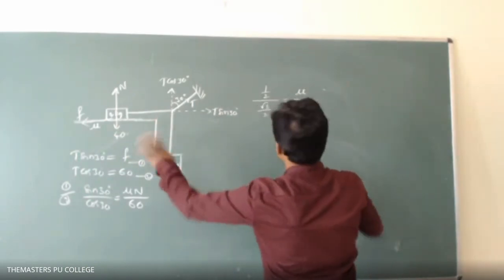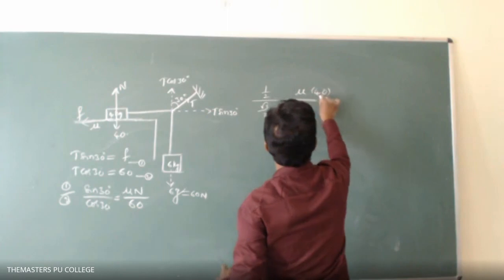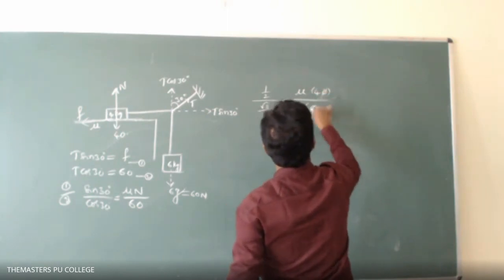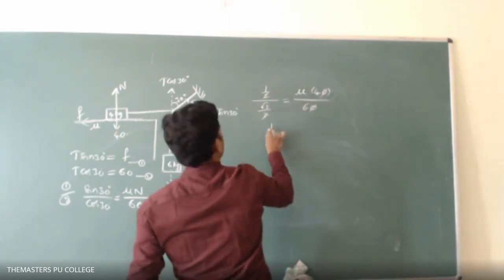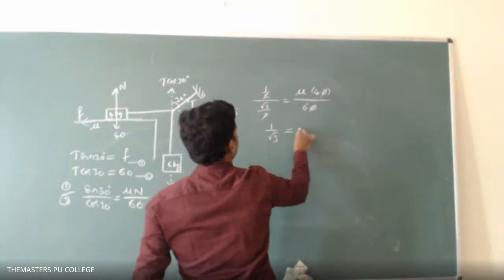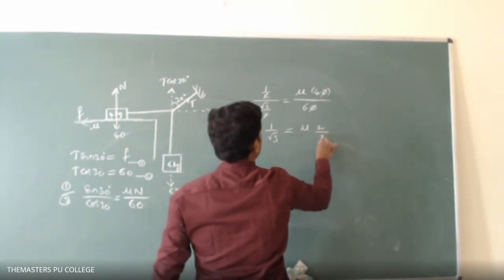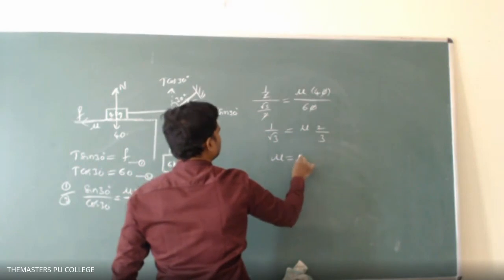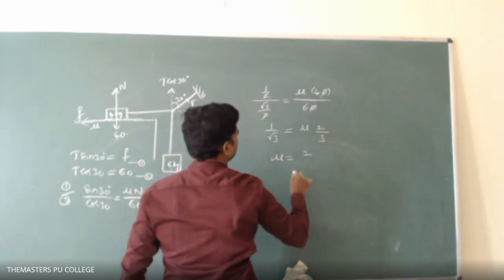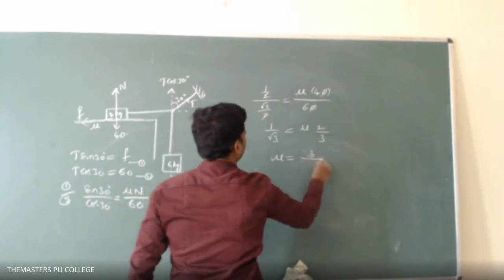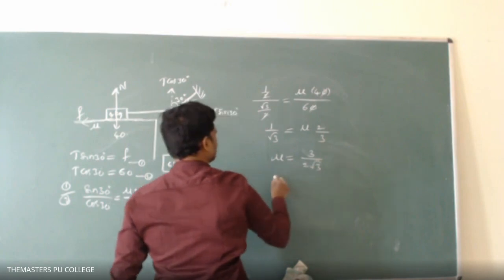So N is 4 into g, 40, by 60. Then 1 by root 3 equals mu times 2 by 3, so mu is equal to 3 by 2 root 3.